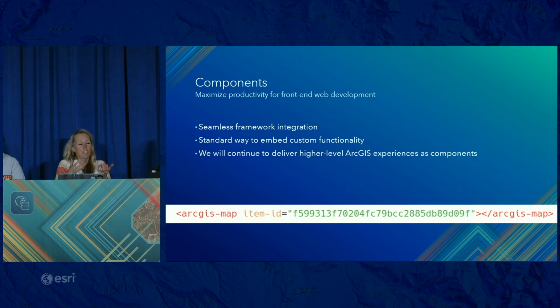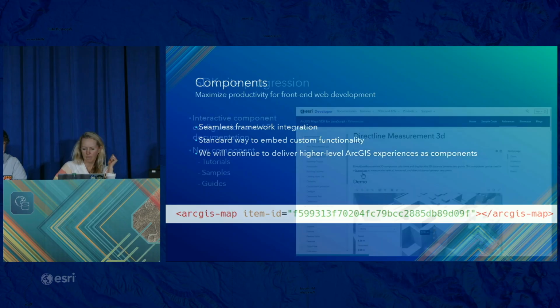In addition to that consistent user experience, we're also able to start releasing some of these as part of the JavaScript Maps SDK so that you can bring some of these higher level ArcGIS experiences into your own applications. So there's quite a bit of really great benefits to using components. The most basic look is what I have there, just has a map and it's referencing an item ID.